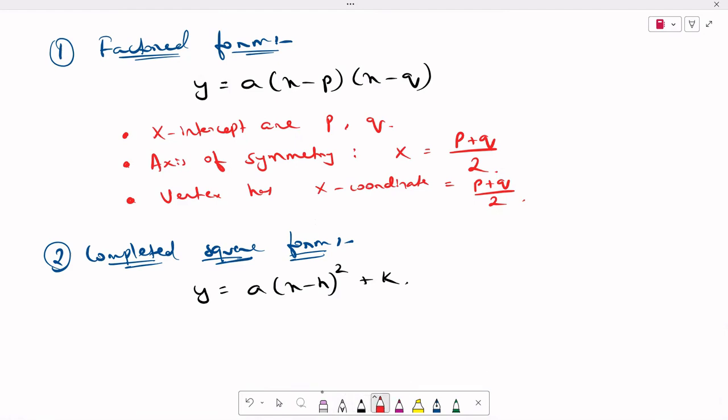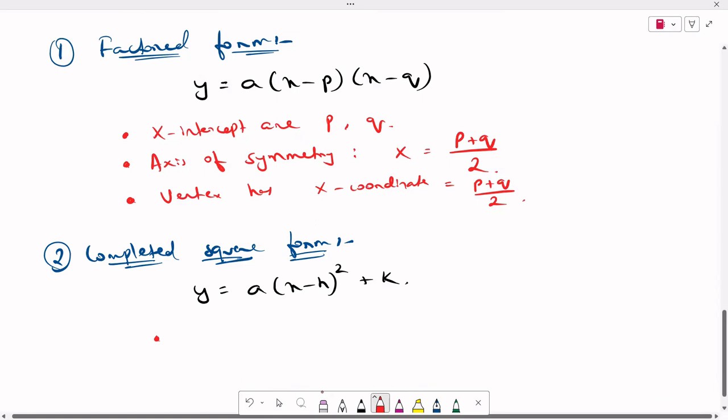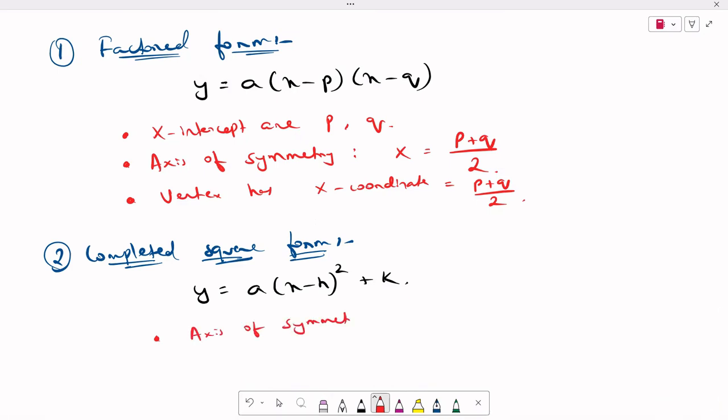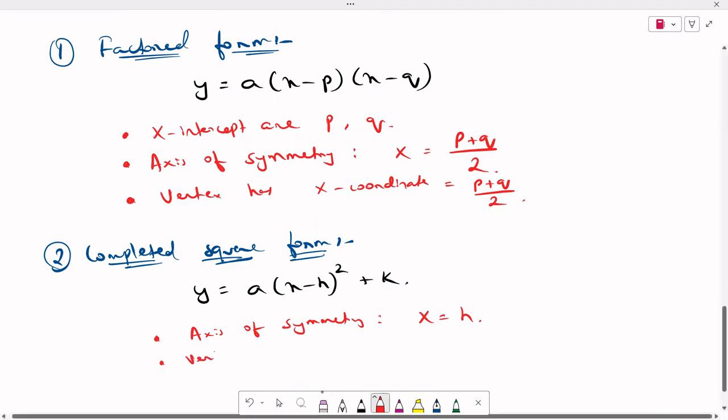In this completed square form, we can say that the axis of symmetry has an equation x is equal to h. The vertex has a coordinate of (h, k).